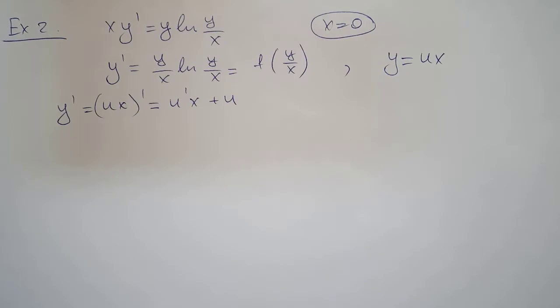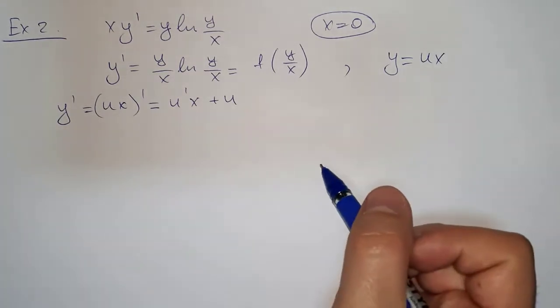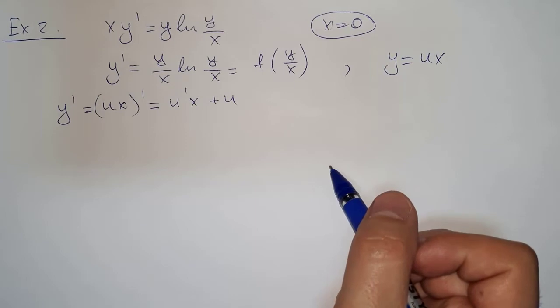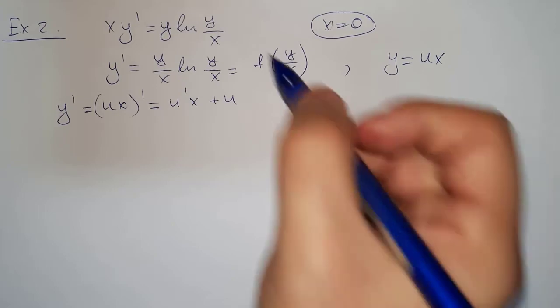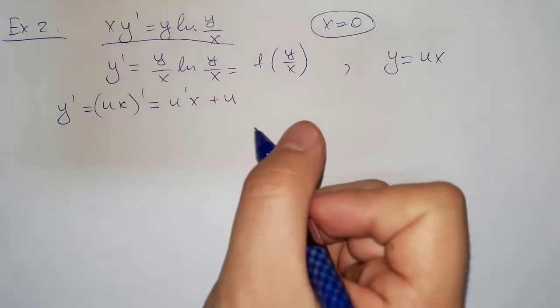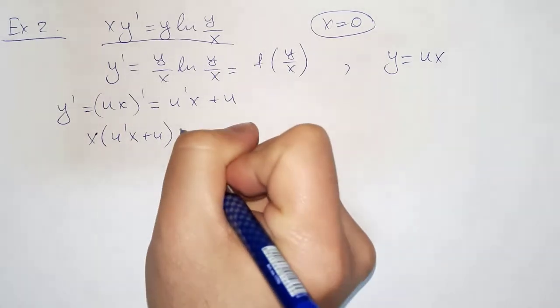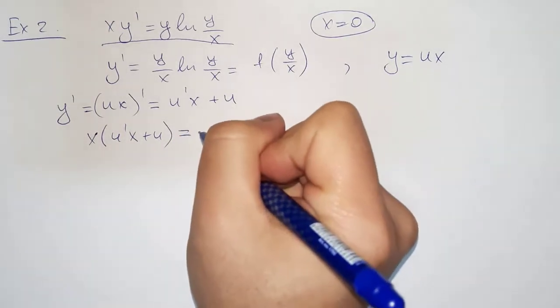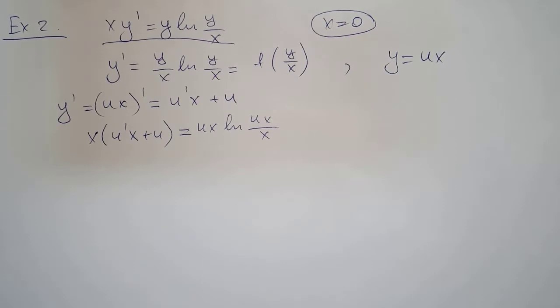Okay, and now substituting this into our equation, we'll get x times u' plus u equals ux ln(ux/x). Is it correct? Correct.